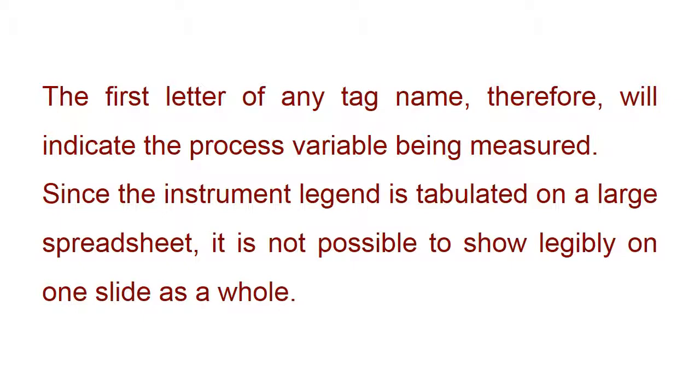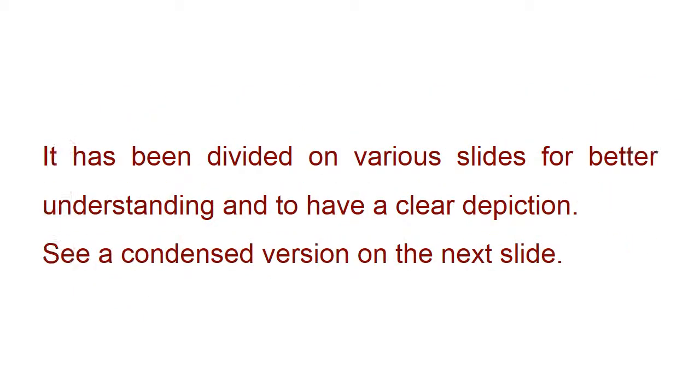Since the Instrument Legend is tabulated on a large spreadsheet, it is not possible to show legibly on one slide as a whole. It has been divided on various slides for better understanding and to have a clear depiction. See a condensed version on the next slide.